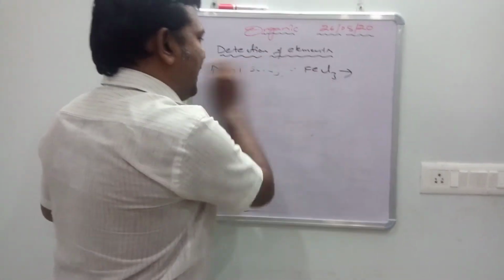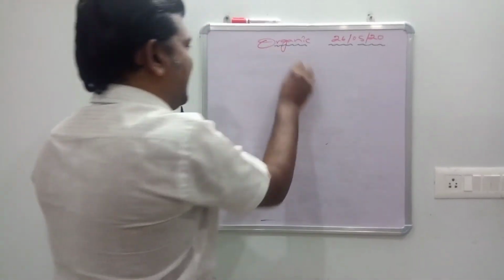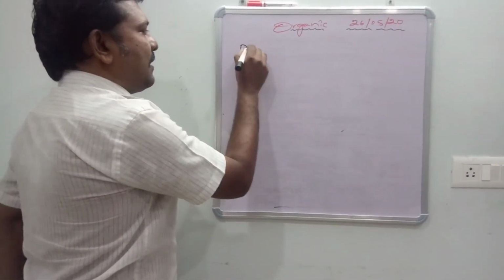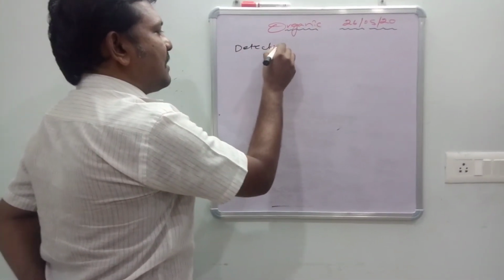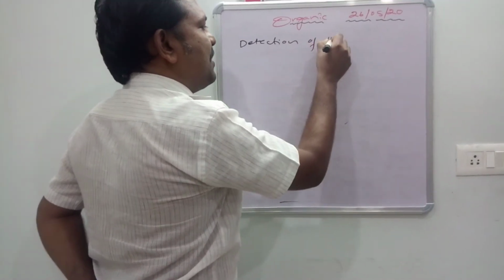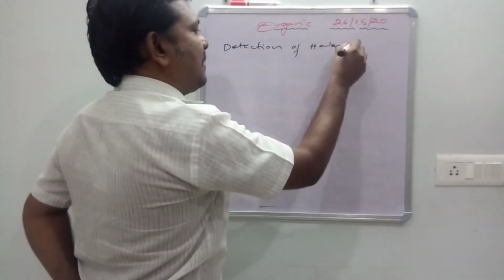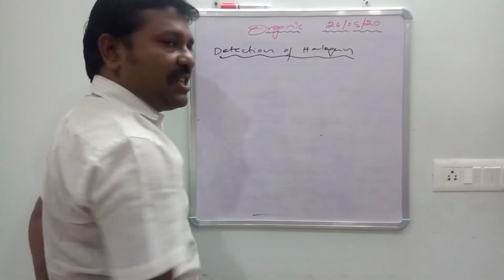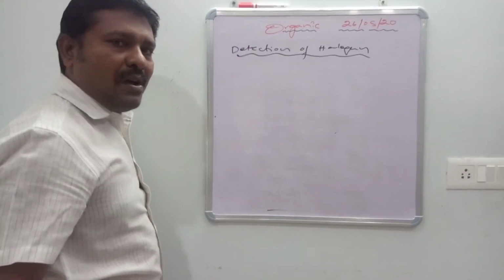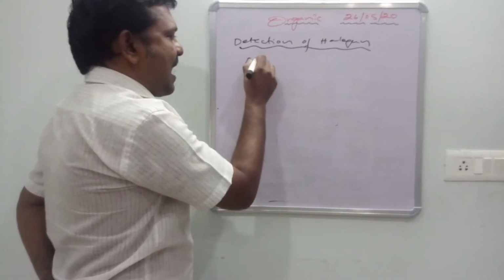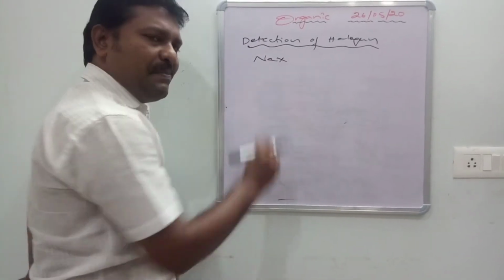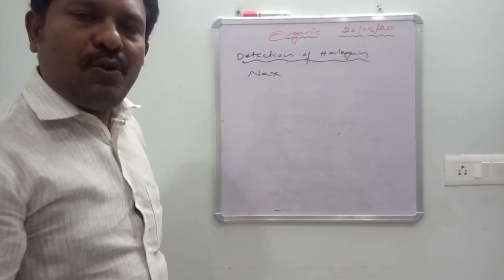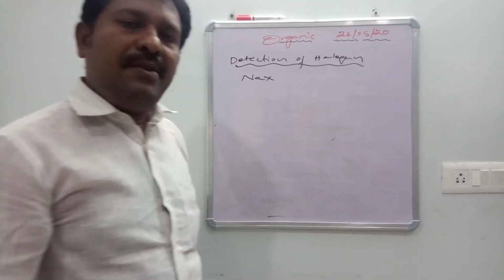And detection of halogen. How do we identify that halogen is present? The organic compound is treated with sodium extraction. It gives sodium halide NaX. Here X means halide: chlorine, bromine, iodine, fluorine.